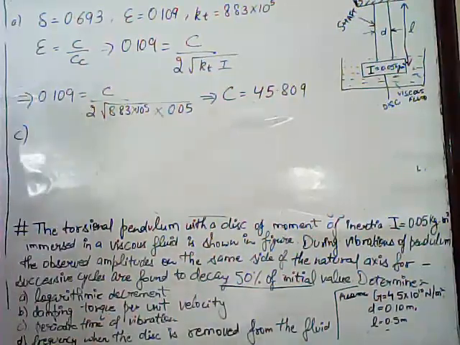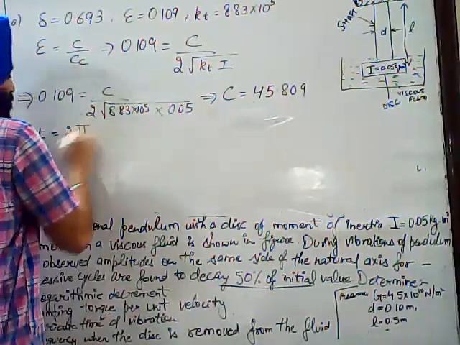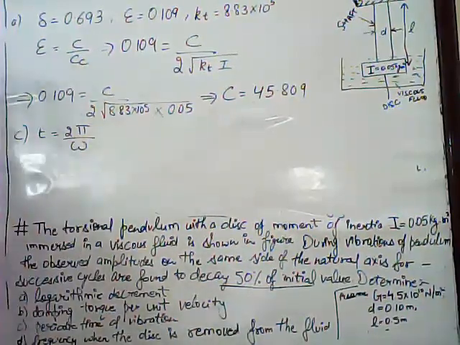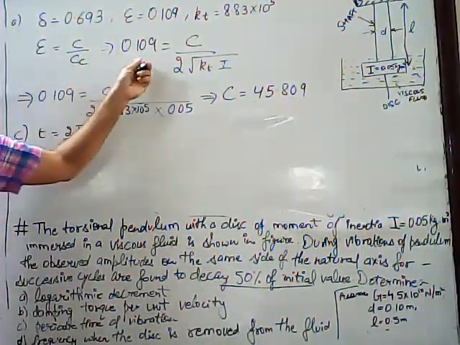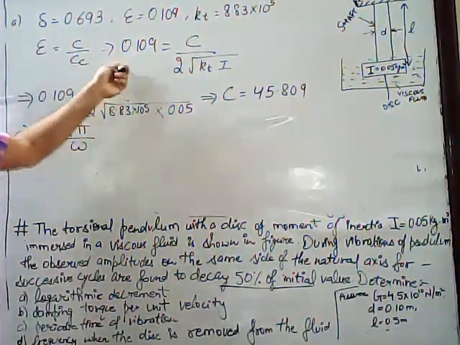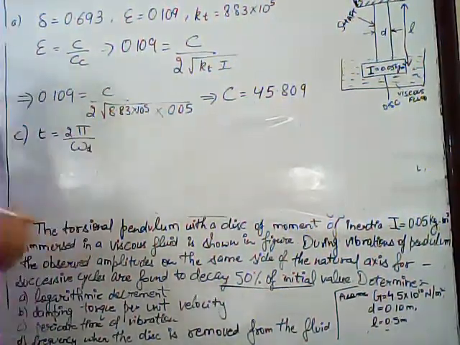We know that the formula for time period is T is equal to 2 pi by omega. But the value of damping ratio is less than 1, so this is a case of an under damped system. So here the value will be omega d.